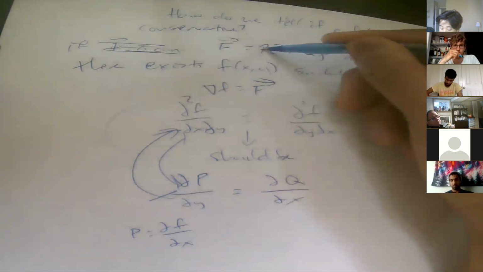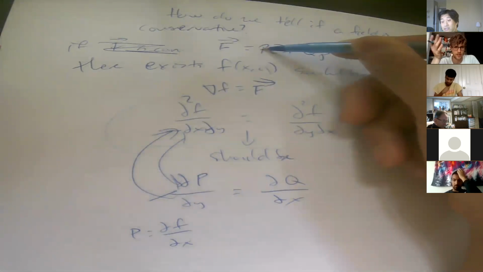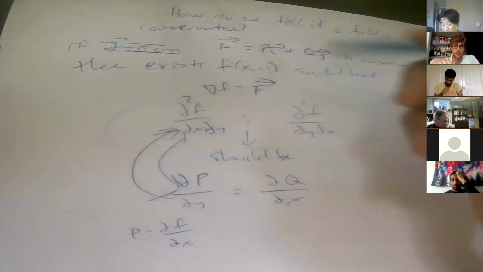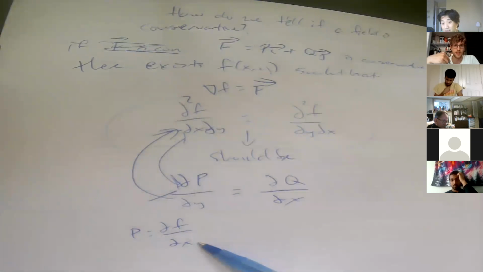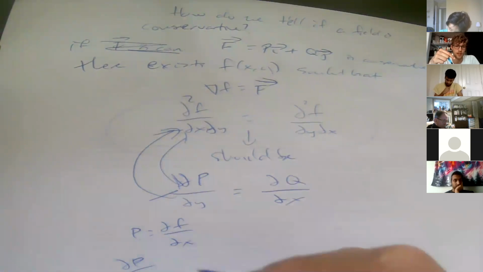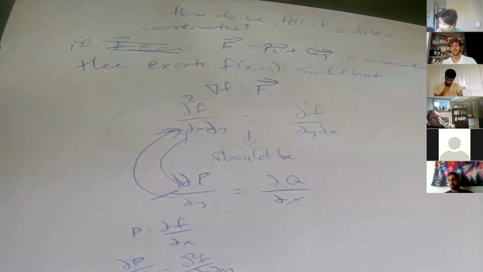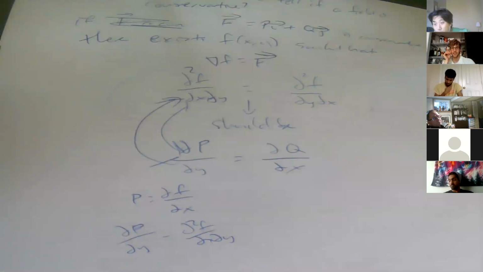So what is P? P is by definition the derivative of f with respect to x. So just df/dx. And then to take the derivative of that with respect to y. Okay, never mind. Now it makes sense. We're literally just doing basic partial derivative stuff here. Okay, I get it now.